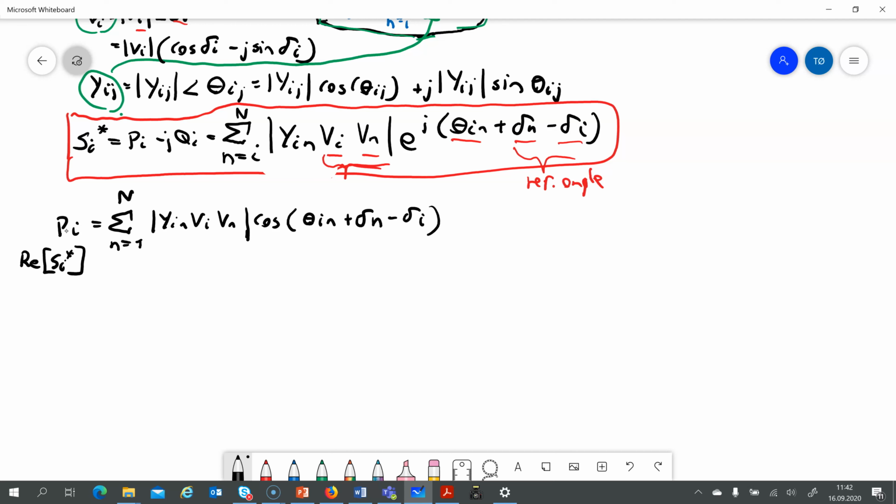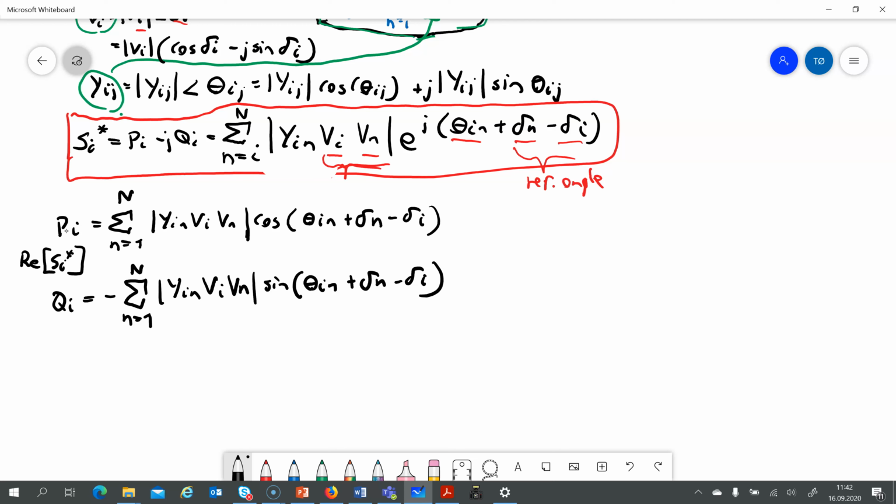And then for the Qi equals minus the sum n equals 1 to n. The same, now with sine, like this.